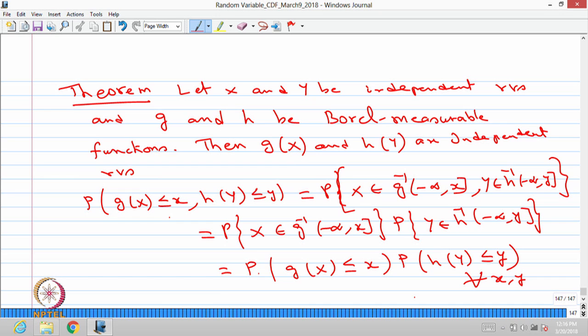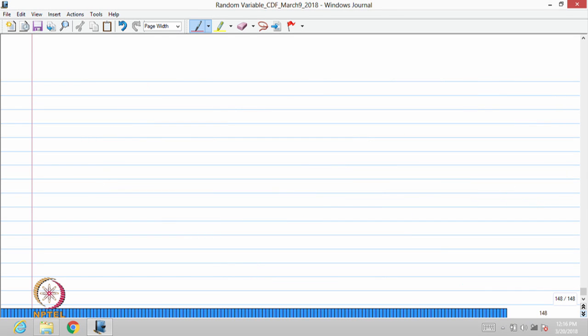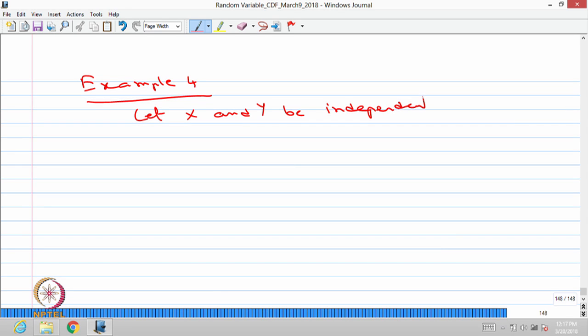As an example, we can think of, already we discussed three examples. So, the fourth example is: let X and Y be independent random variables.